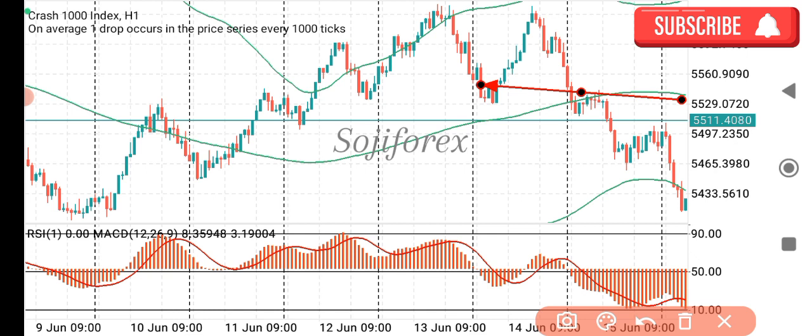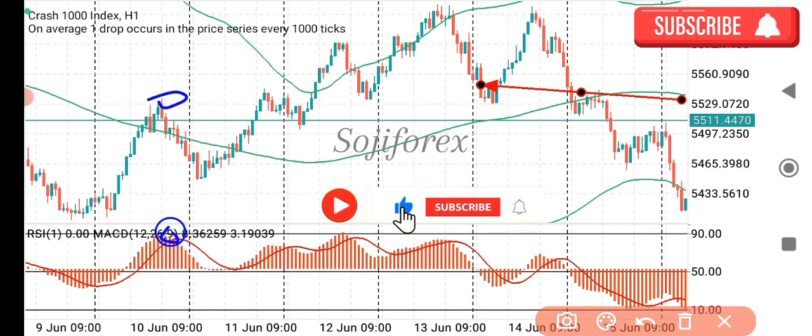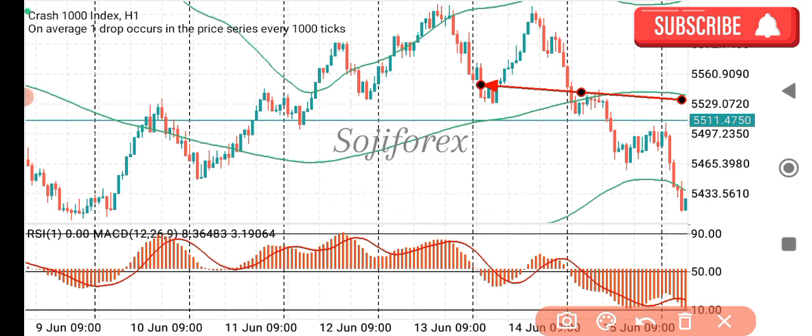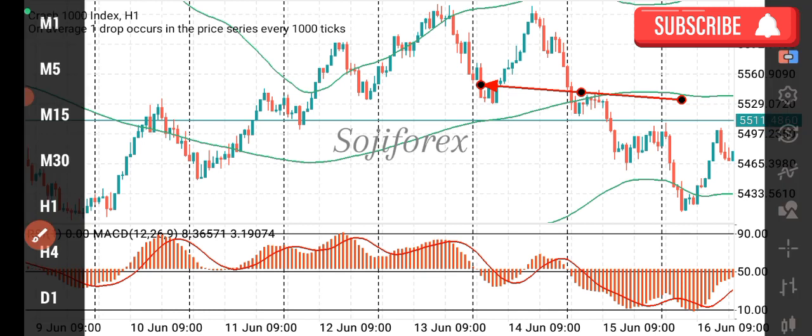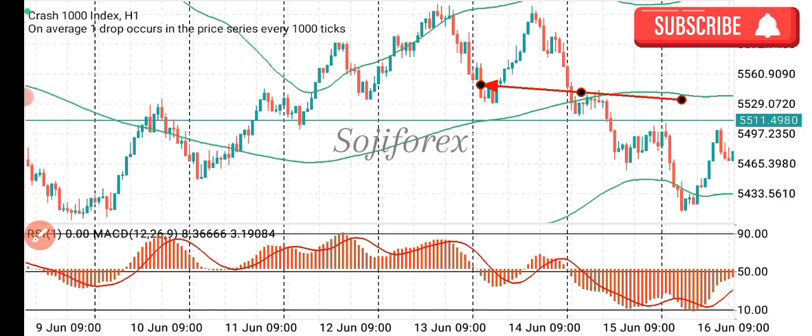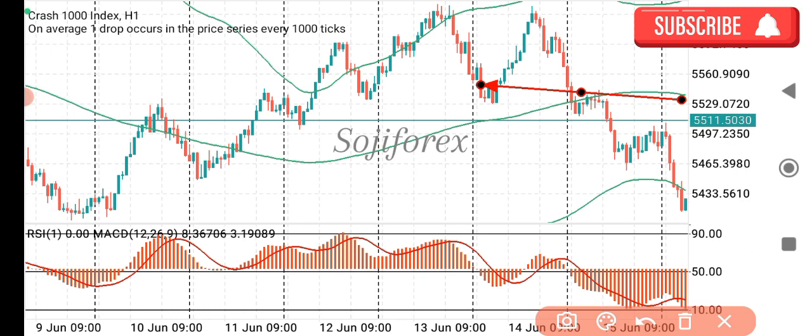Each time price makes a higher high, you need to pay attention to your indicator. Remember, we established that whenever price is making a higher high, it is expected that the second move takes the previous high.